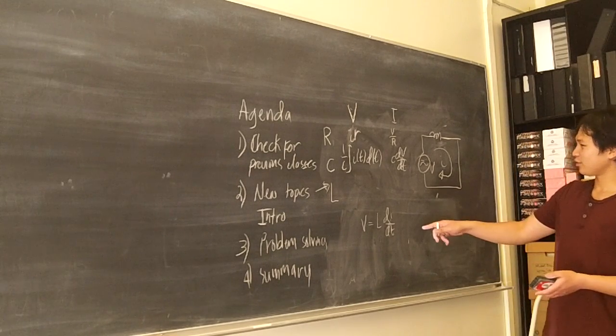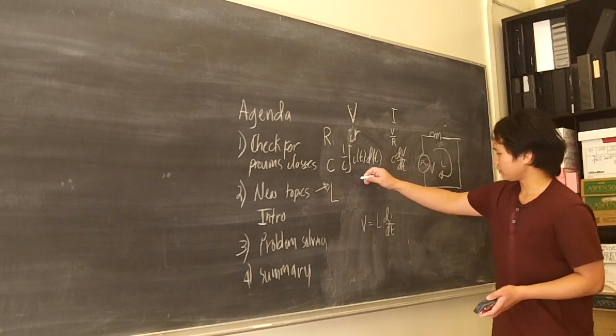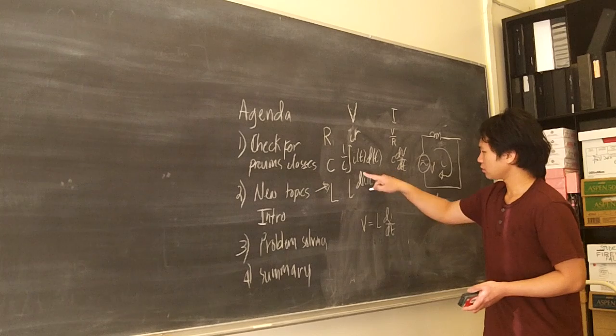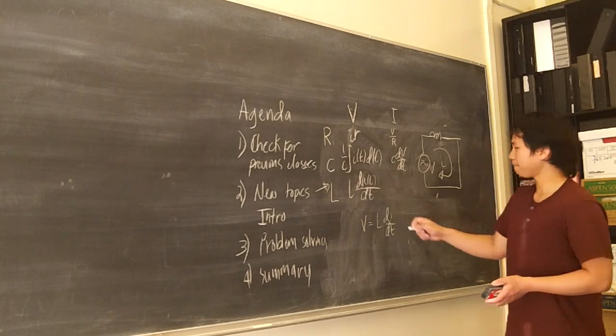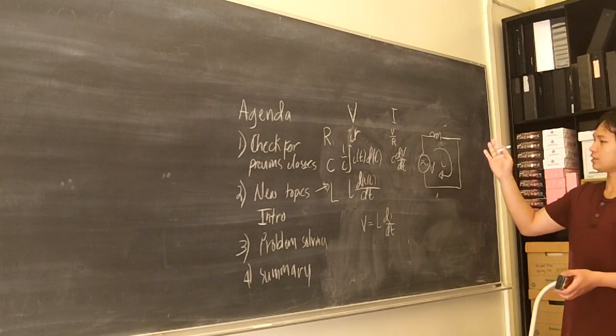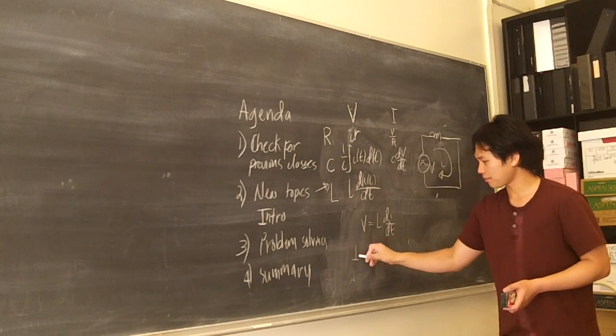So this is your voltage for the inductor, V = L di/dt. Now we would like to get the current across the inductance. What is it?